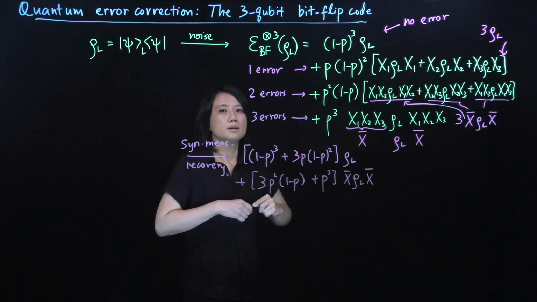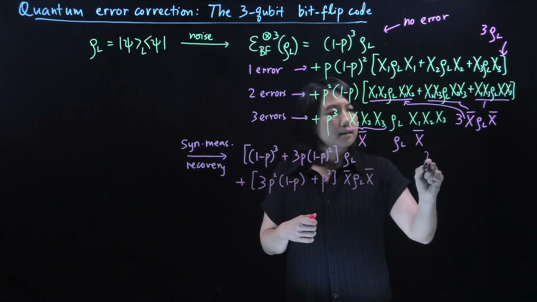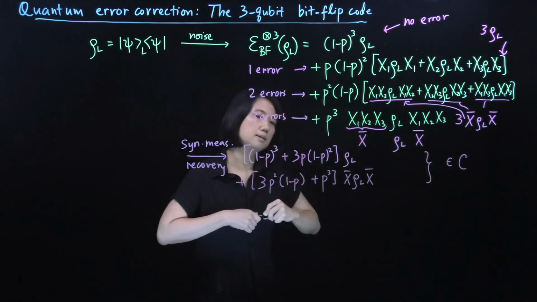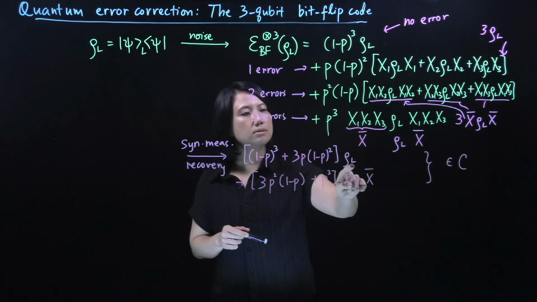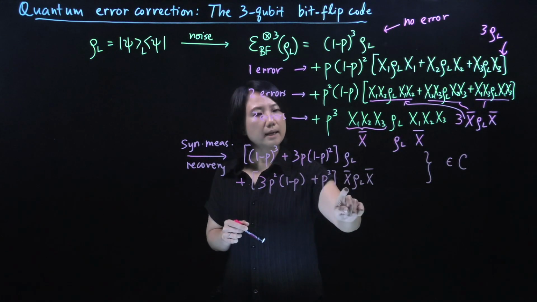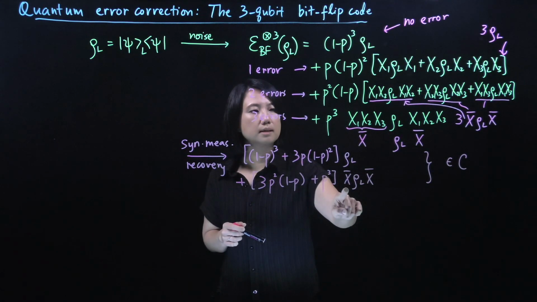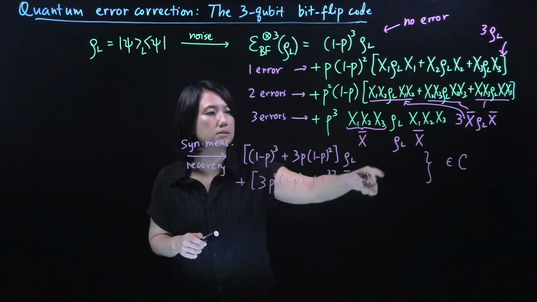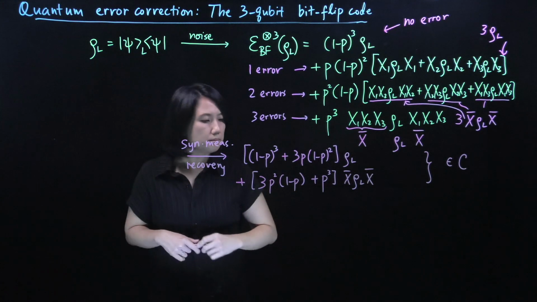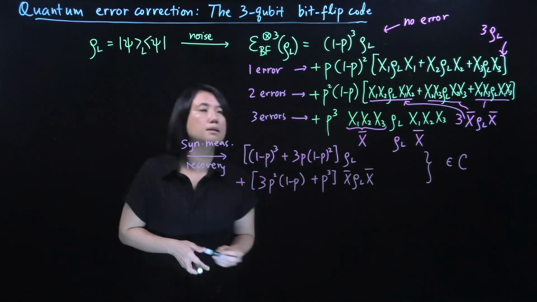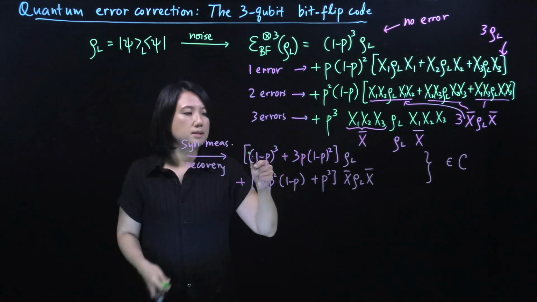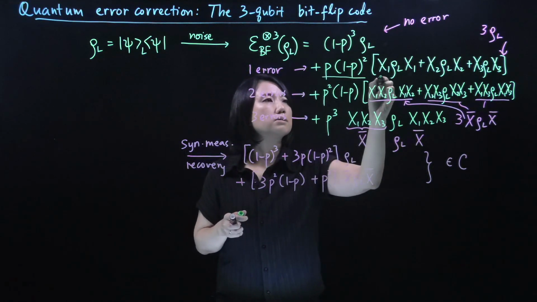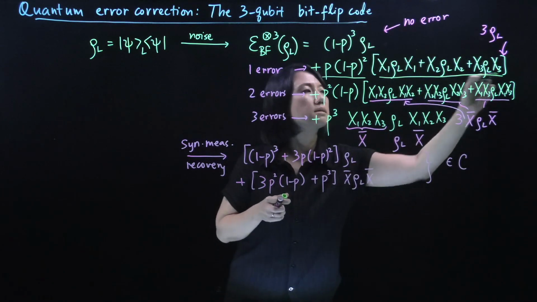Now, I emphasize again that this entire state is still inside the code space, because this rho L is inside the code space. The x bar is a logical operator that keeps you within the code space. So the entire thing is within the code space. But if you compare to what has happened here, earlier I had these p terms that were in fact errors.